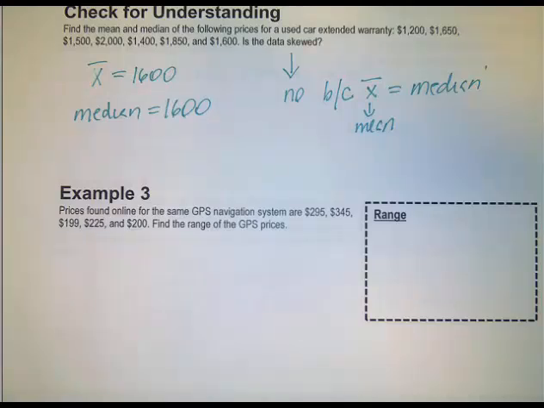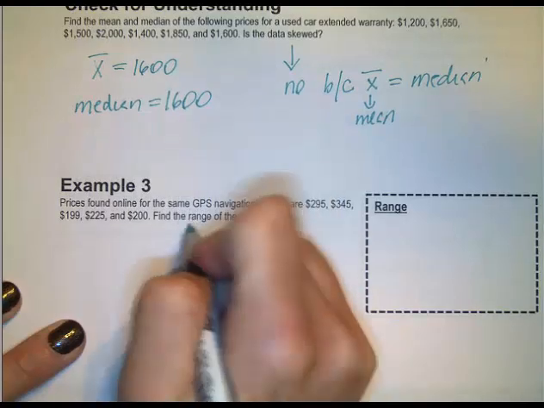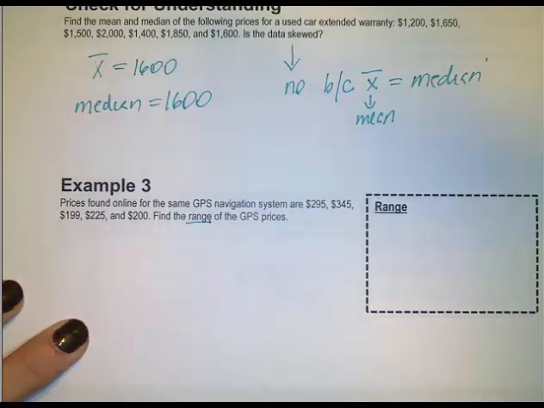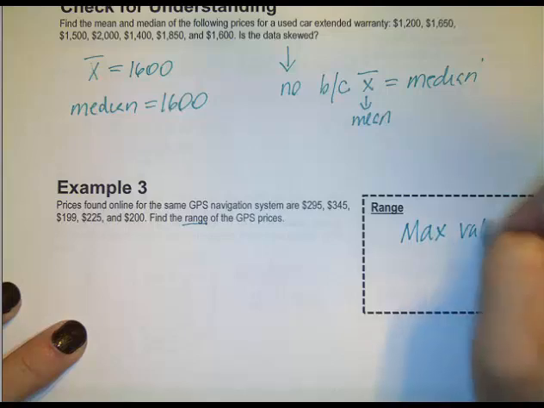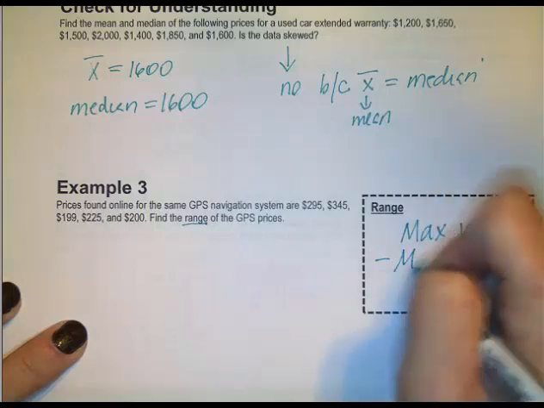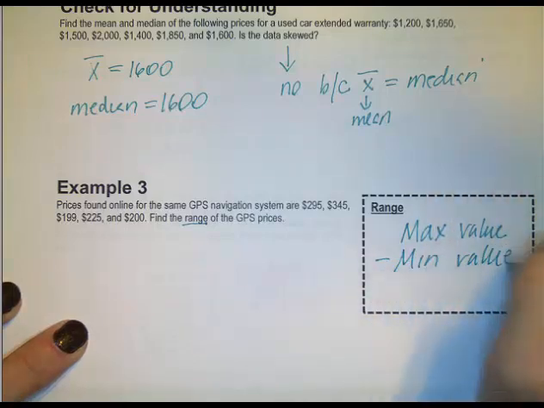Prices found online for the same GPS navigation system are listed. Find the range of the GPS prices. So range is your max value minus your min value. That gives you your range.